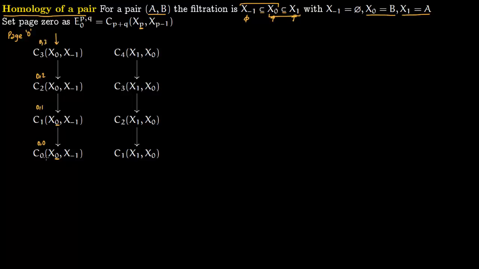So this was our 0 column, and the only other non-zero column is column 1. So here our first entry, this is p is 1. So q is 0 because 1 plus 0 would be 1. So you have 1,0. Here again p is just constant 1, and q is 1. So 1 plus 1 is 2. Again p is just 1 and q is now 2. 1 plus 2 is 3.